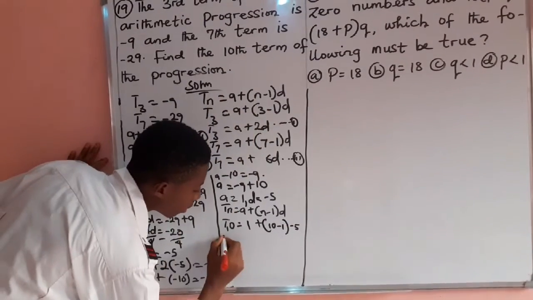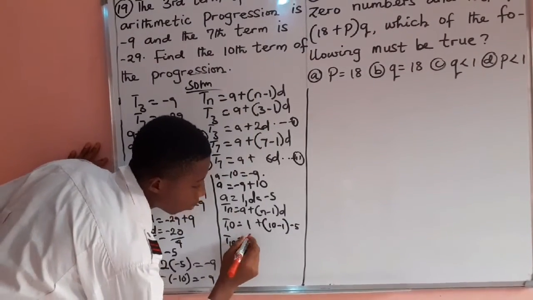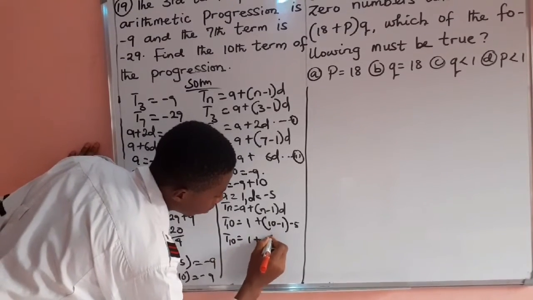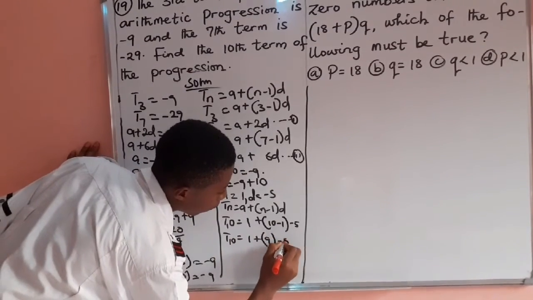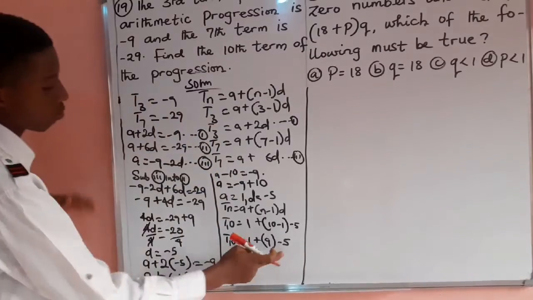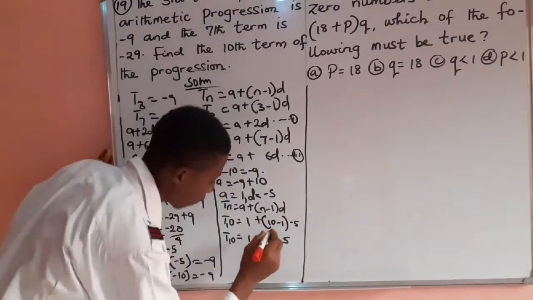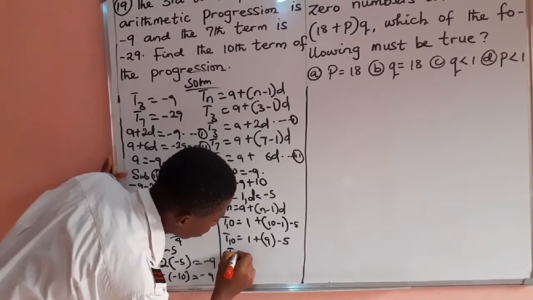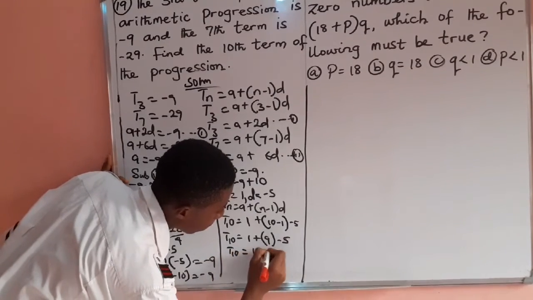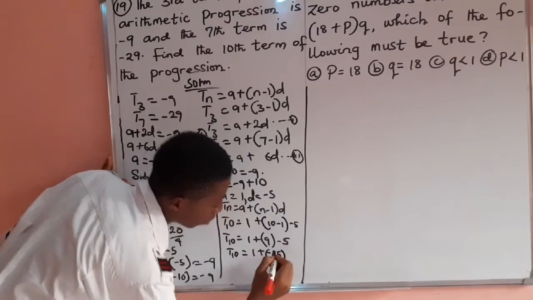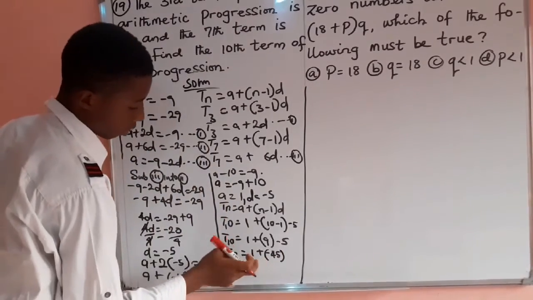So T10 is equals to 10 minus 1 is 9, so 1 plus 9 times minus 5. Open brackets, close brackets, minus 5. Now 9 times minus 5 will give us minus 45. So T10 is equals to 1 plus, put it in brackets, minus 45, so that you remember to multiply the minus and the plus.